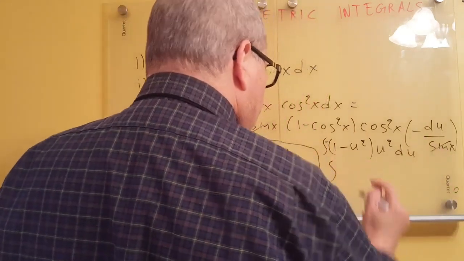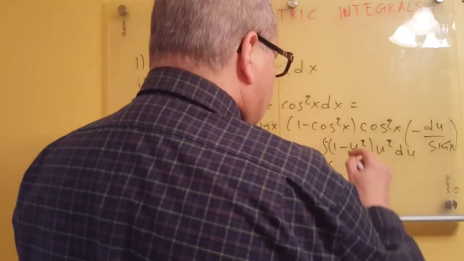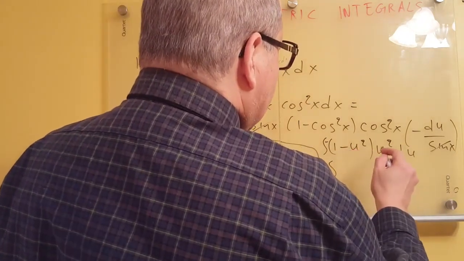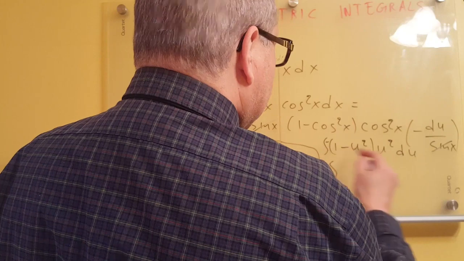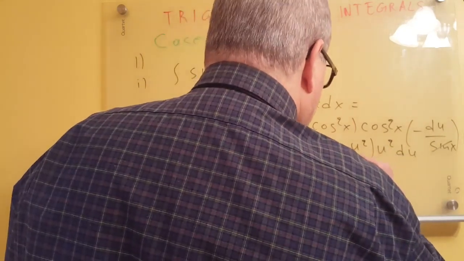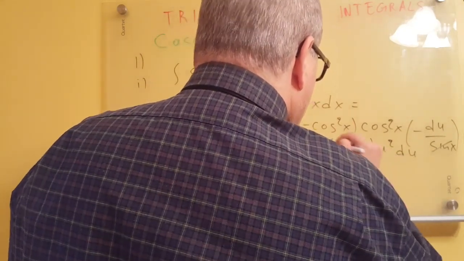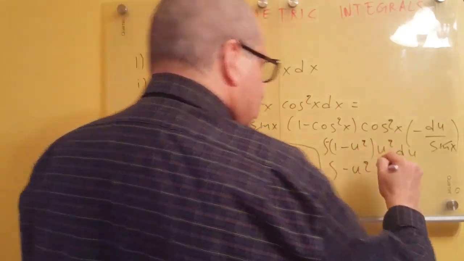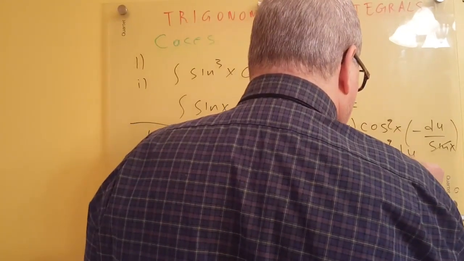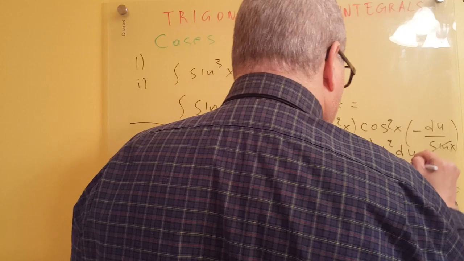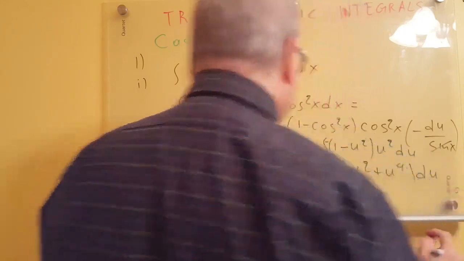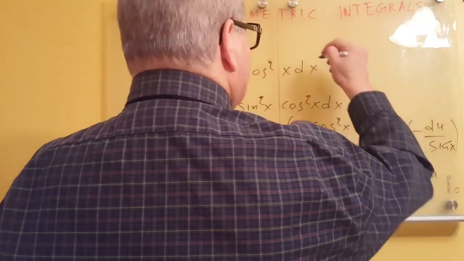And now if we do the operations here, we will have minus 1 times u square, it's minus u square, and minus the minus plus u square times u square, it's plus u to the 4th, and of course this is with respect to du, and let's finish it here.